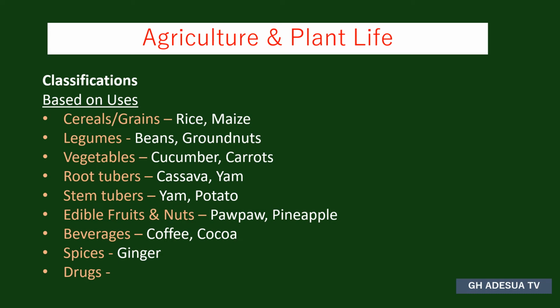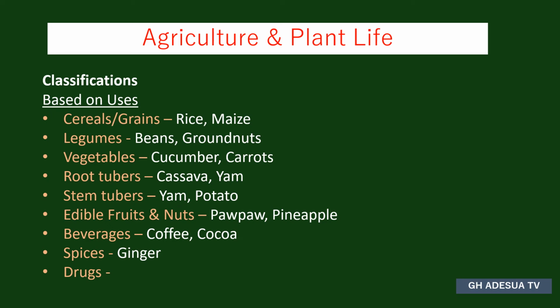Then we have the beverages. Now the beverages include coffee, cocoa. These are beverages. You can even have the tea plant, which is also a beverage. Then we have spices, which includes ginger, cinnamon, and the rest.